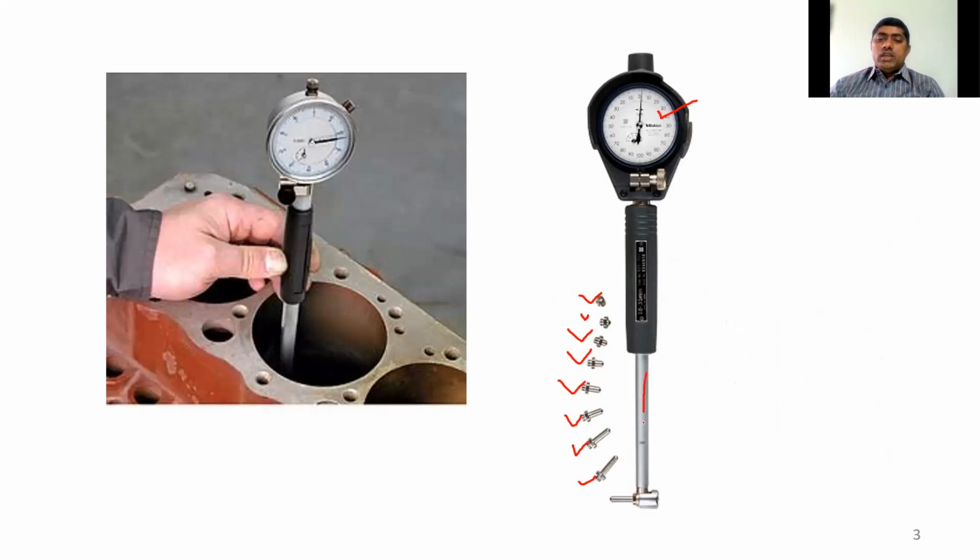So this is the T handle. In the T handle, we will insert the required size of the telescopic piston. By unscrewing this telescopic piston, we can replace it with the required standard telescopic piston, and then we can tighten it to use the dial bore gauge.